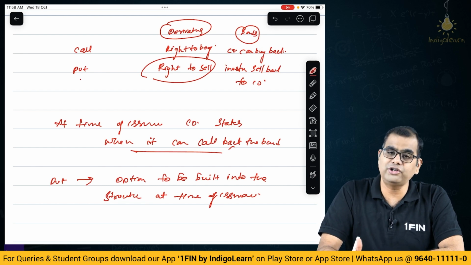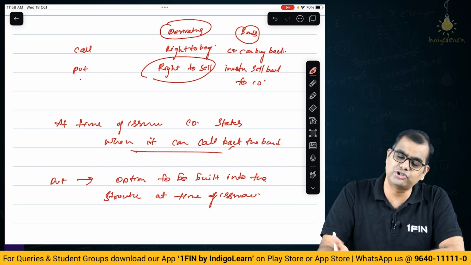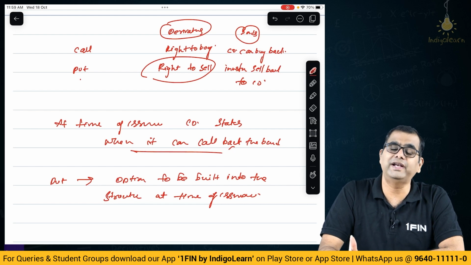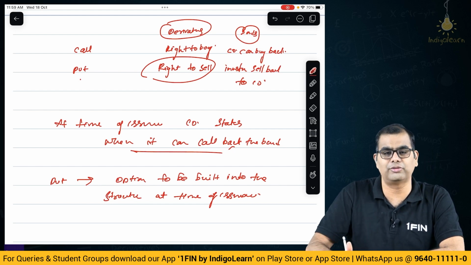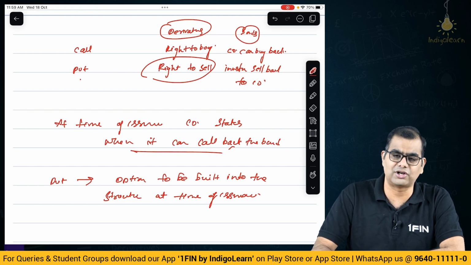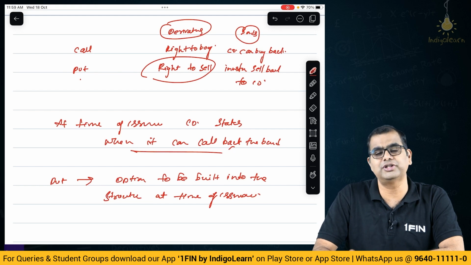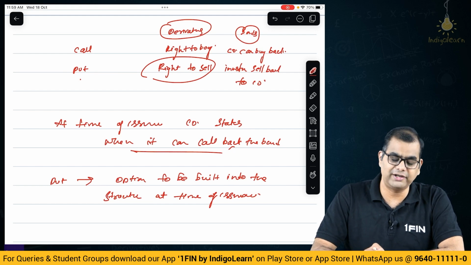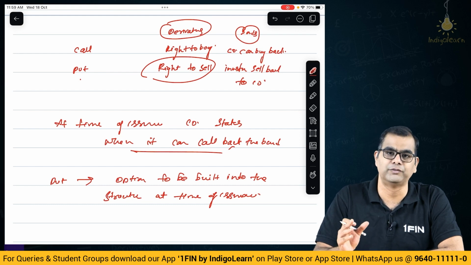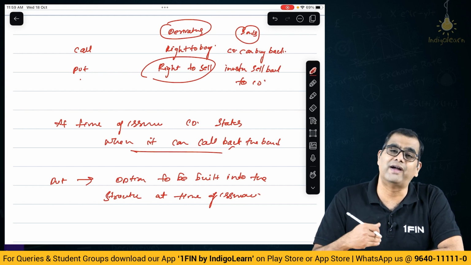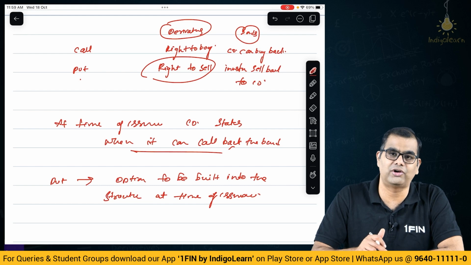No. Bond should be a callable bond or a puttable bond when it was issued, as per the bond documentation, or the debenture deeds and the debenture agreements and all that. In those documents, you should specify what kind of a bond, whether the bond has an embedded right to be called or to be put. If there is such a right, then you will value the bond accordingly. This is very important to understand.